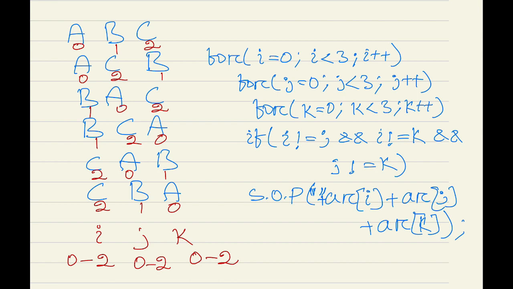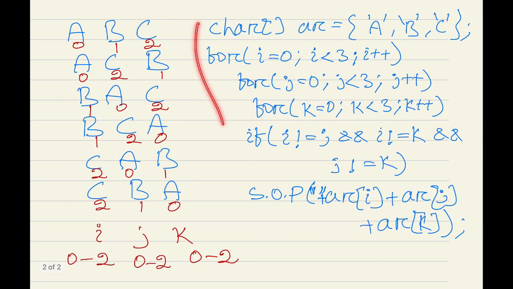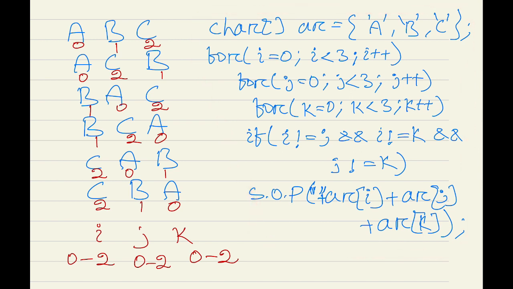AR is a character array and initially it stores the given characters A, B and C. So this is the code to print different permutations of 3 given characters.